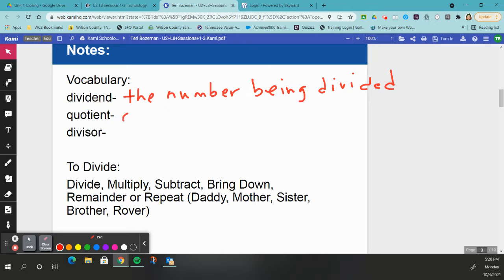The quotient is your answer to your division problem, right? And then your divisor is going to be the number you are dividing by.